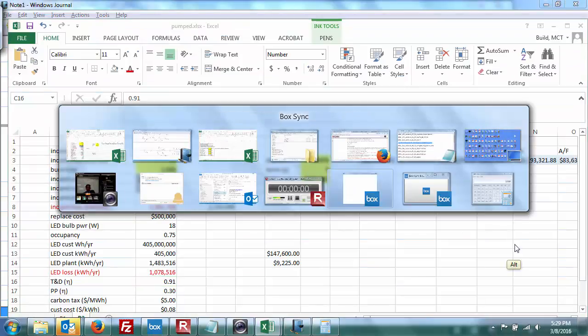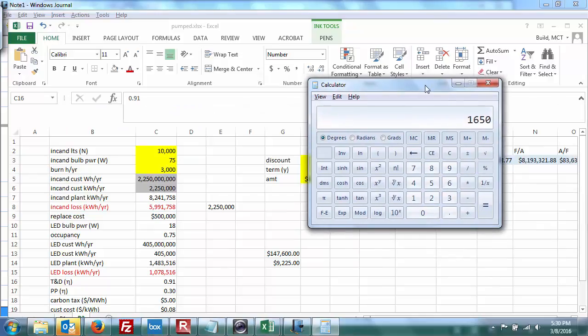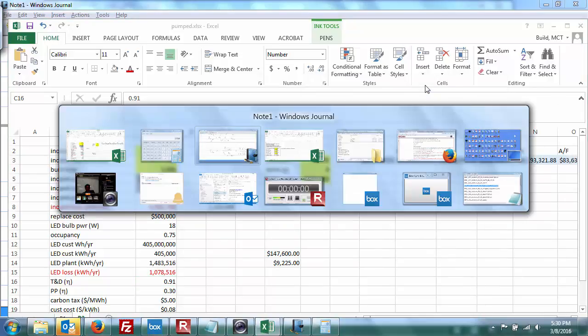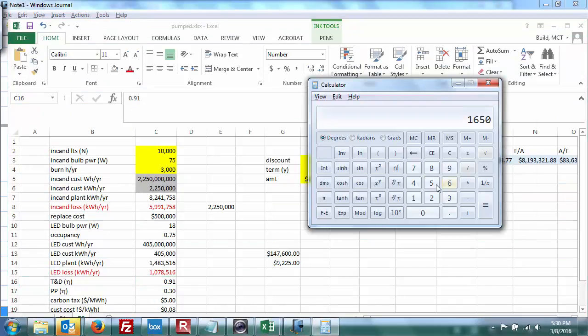This is what you must do if you are an engineer or an engineering technologist. So let's start off the calculator. 2,250,000 divided by 0.3 divided by 0.91 equals 8241.